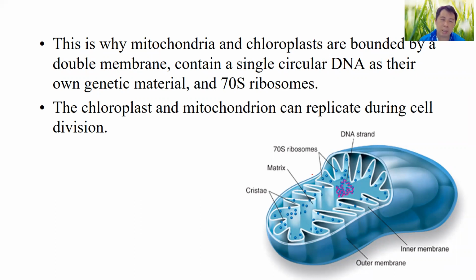So the chloroplast and mitochondria can replicate during cell division. Once the eukaryotic cells undergo mitosis, before the mitosis the chloroplasts and mitochondria enlarge and then replicate into another copy of the organelles.